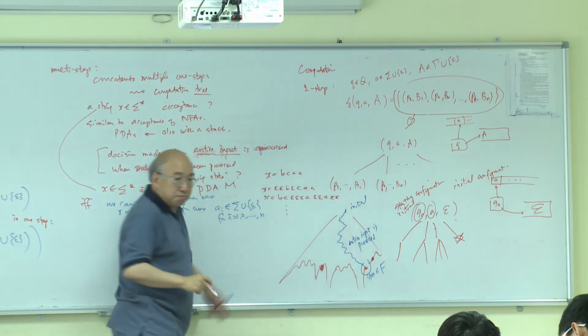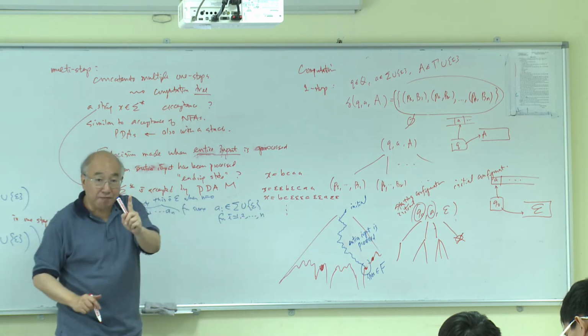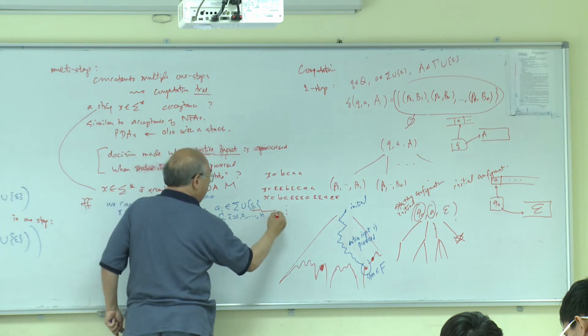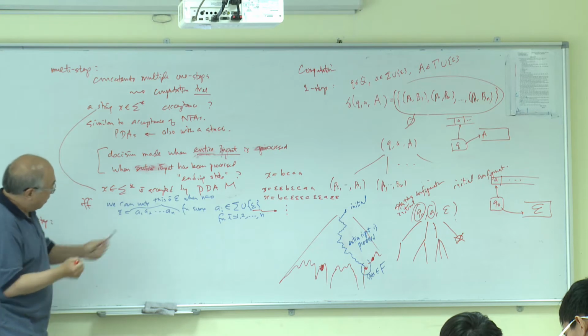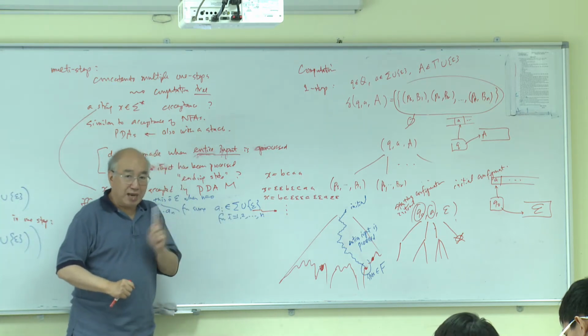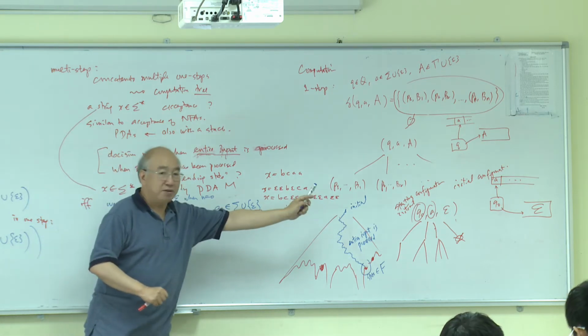So, infinitely many ways to view this. But one of them, we don't know which one, somewhere we force ourselves to say, if you view x as one of the possibilities, and you get lucky and follow this through, then you get accepted.